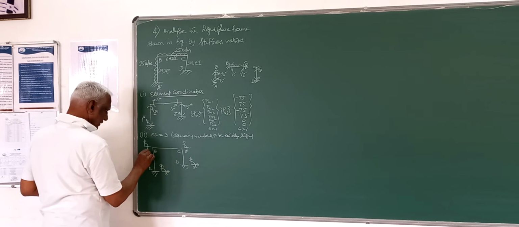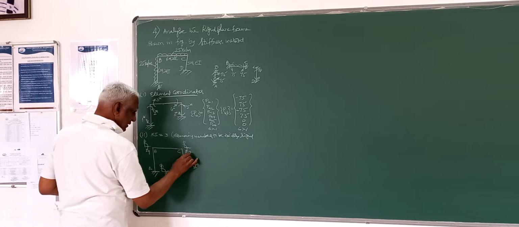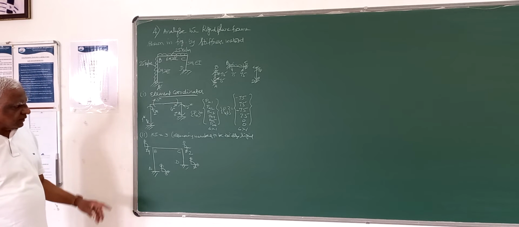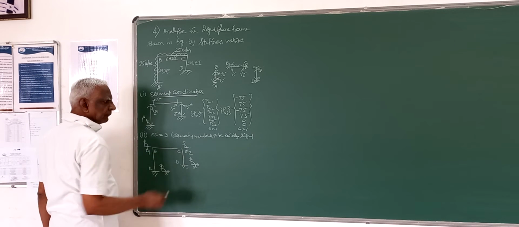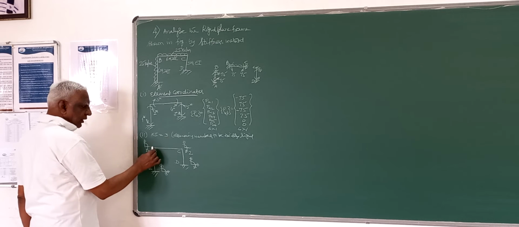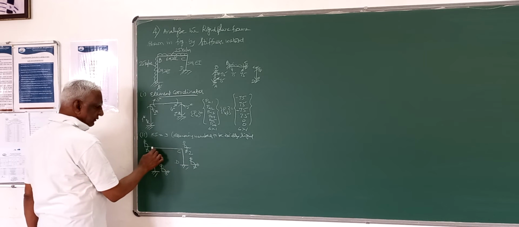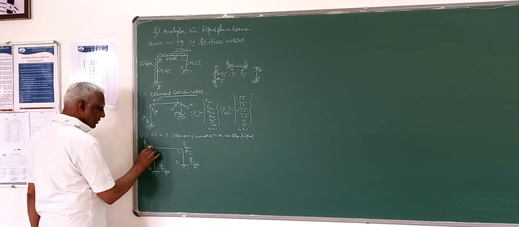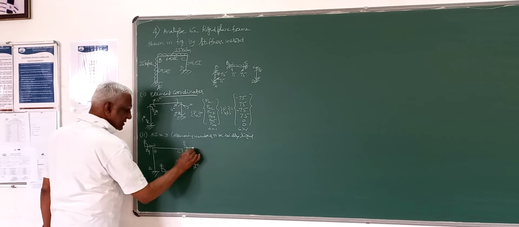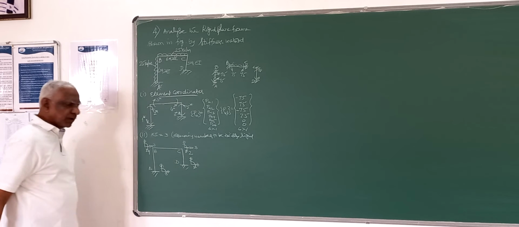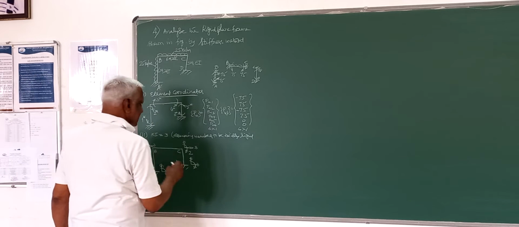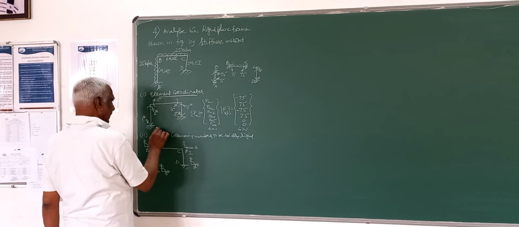So this is 1, this is 2. As for the horizontal motion, that is also there. But since we are assuming members to be axially rigid, whatever motion occurs at the left end will be the same at the right end also. So there are 3 coordinates. So in the second step, you are finding system coordinates.